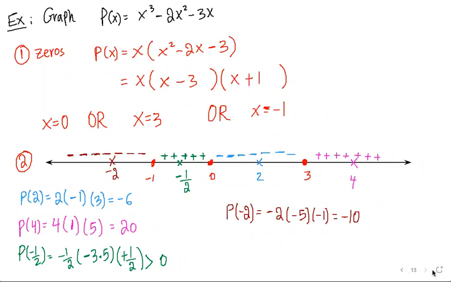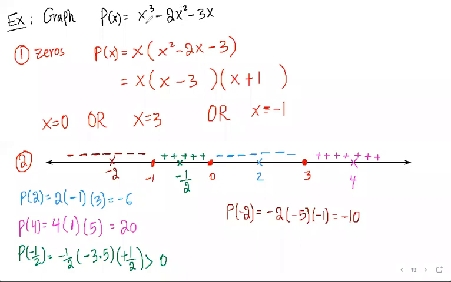Third step is find the end behavior. What is the degree? It is 3. And what's the leading coefficient? It is 1.